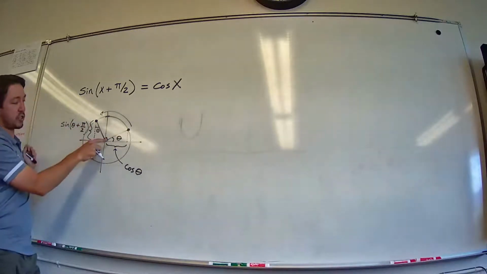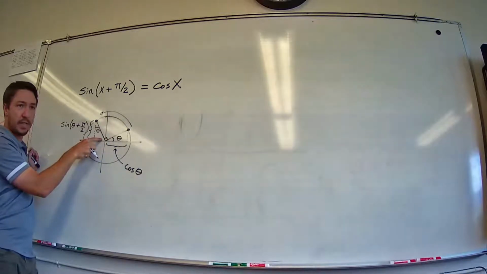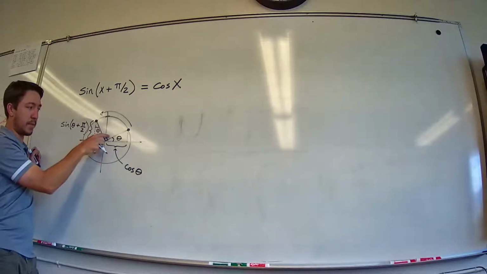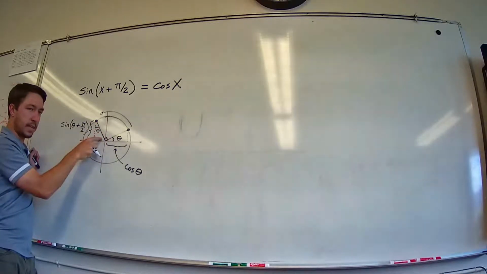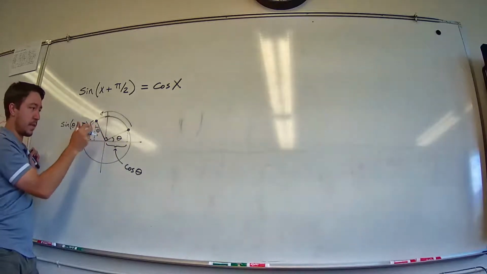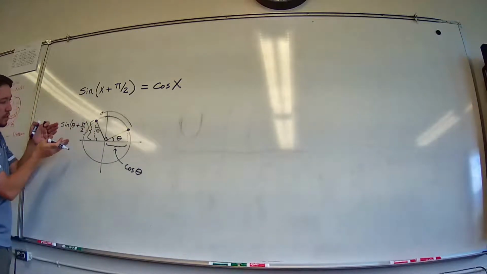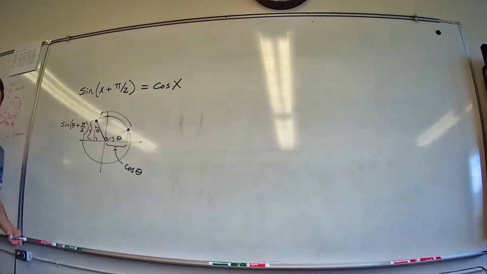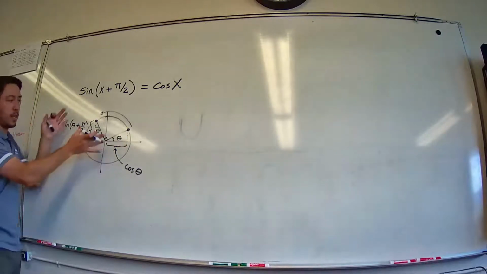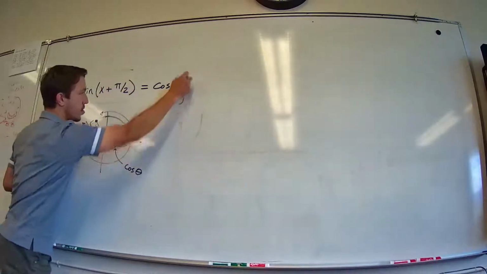For example, say this was 20 degrees. If this was 20, then this guy would have to be 70 because 20 plus 70 plus 90 makes the full 180 there. So if this is 20, then this is 70, and if this is 70, then this is 20. It's another right triangle over there. And so you can see this and this would have to be the same exact size because it's the exact same.